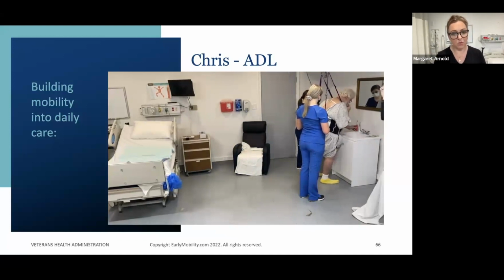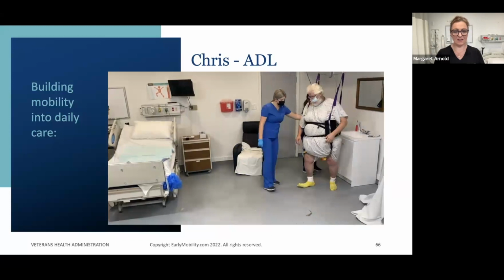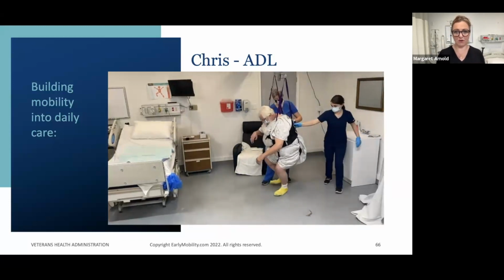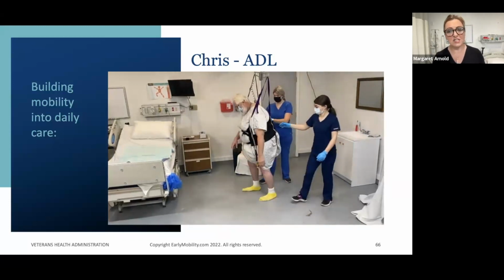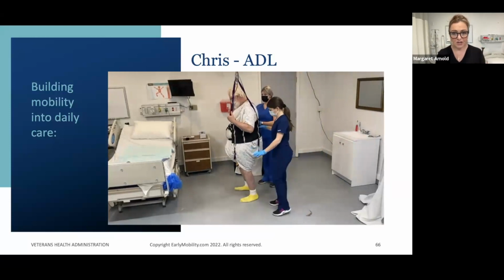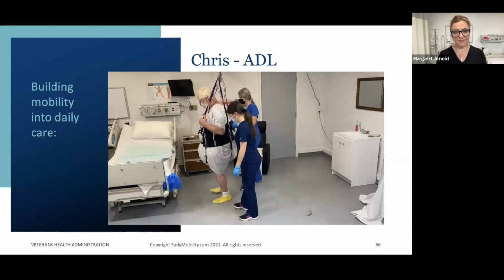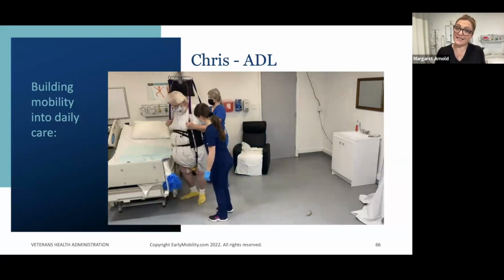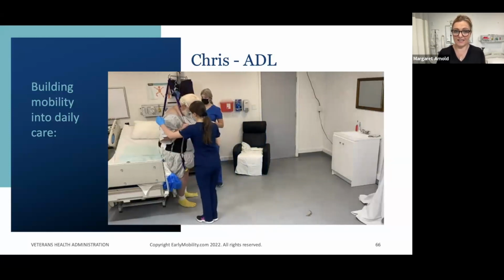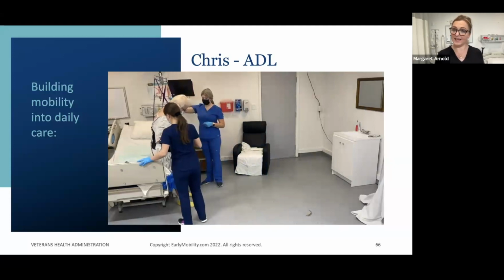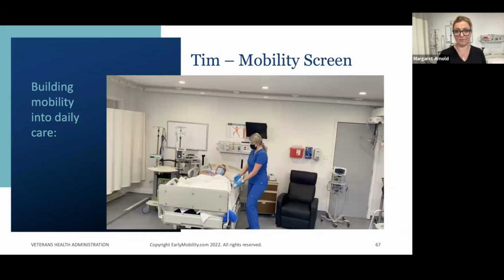When you use equipment, and again, you see some versions of the equipment here, but there's lots of others. Your models will work for this just as well. You saw Chris fall. No big deal when he's in an ambulation or a walking harness, right? He can just get up and keep going and go back to his bed or to the toilet or to the chair or whatever. Now let's meet Tim.